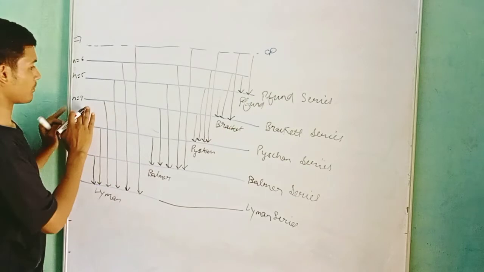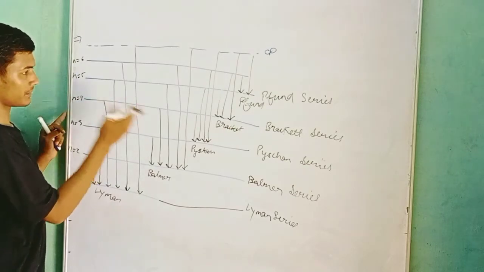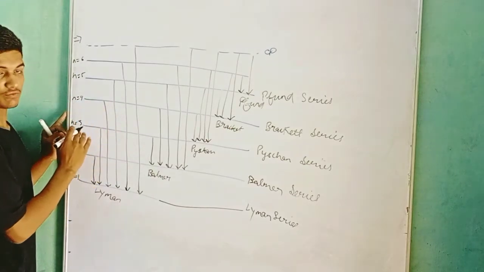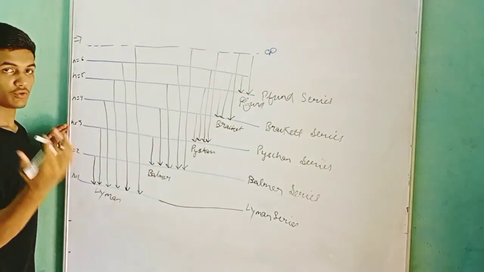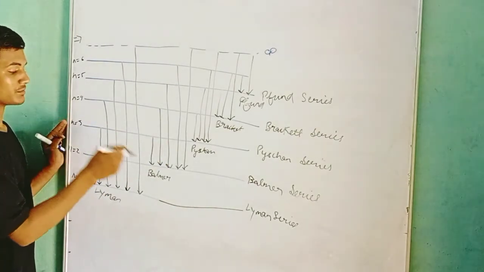When an electron jumps from any orbit to the third, that is Paschen. When an electron jumps from any orbit to the second orbit, then it is Balmer.